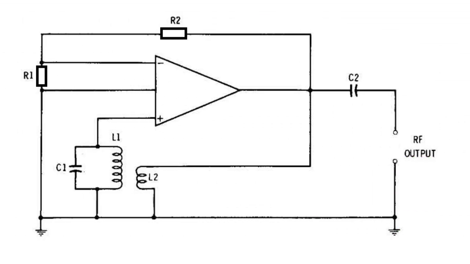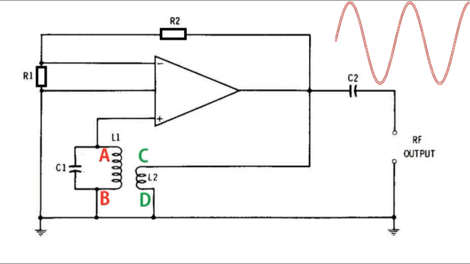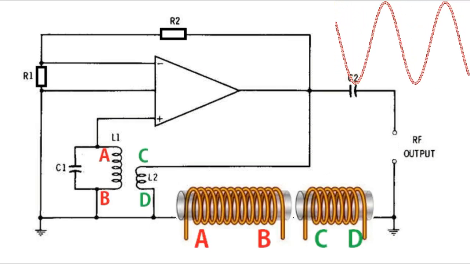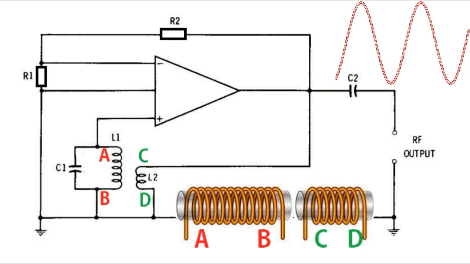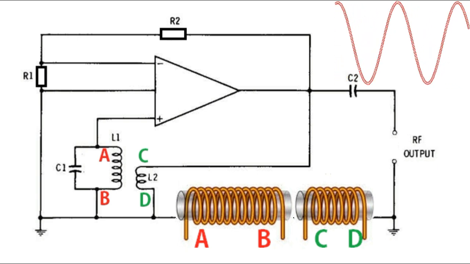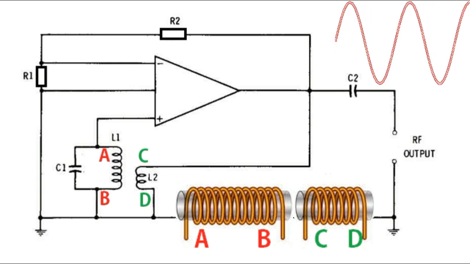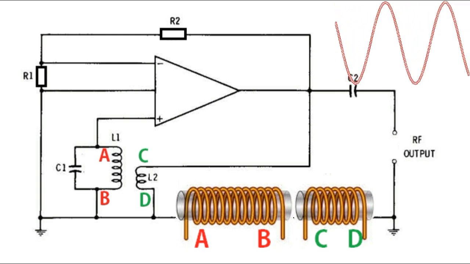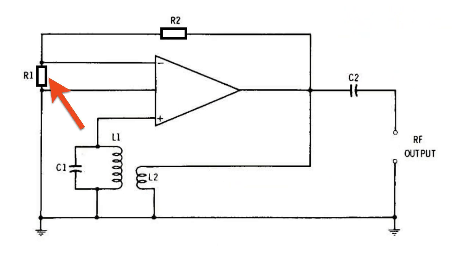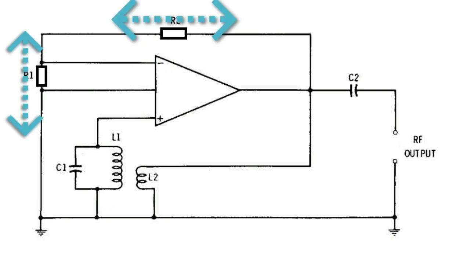It is crucial to connect the transformer winding with the right phasing in order to start the oscillation. That said, if you find the oscillations not happening because of a wrong winding connection, you would require just one winding's ends to be reversed. R1 and R2 perform the role of applying the negative feedback to the inverting input terminal of the op-amp by forming a signal voltage divider.